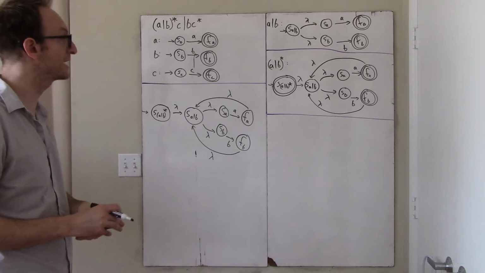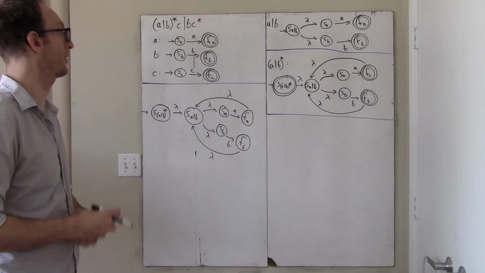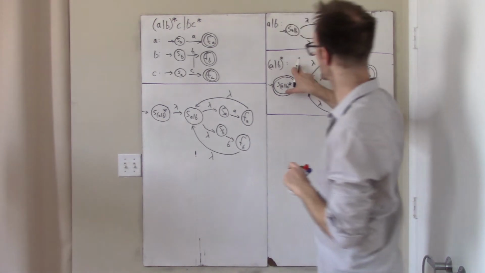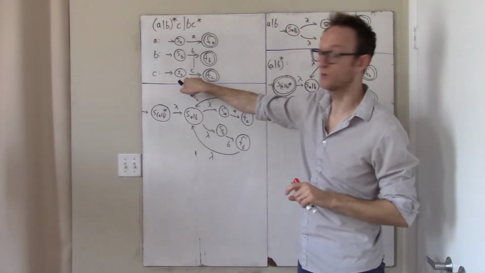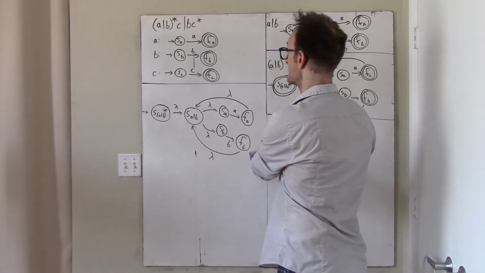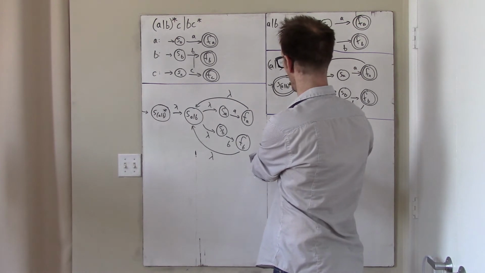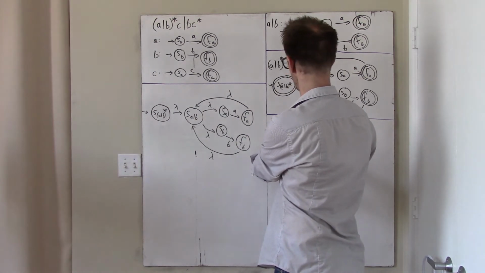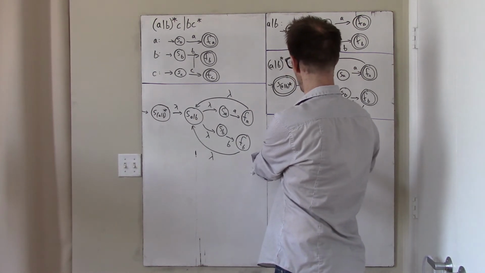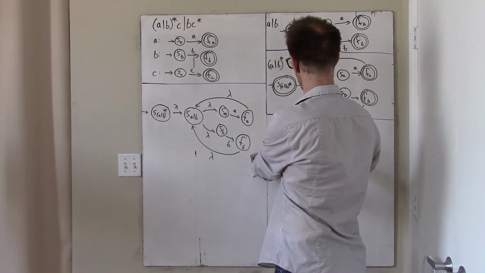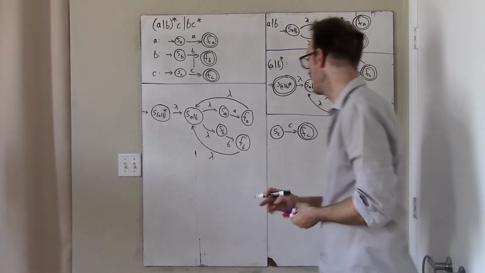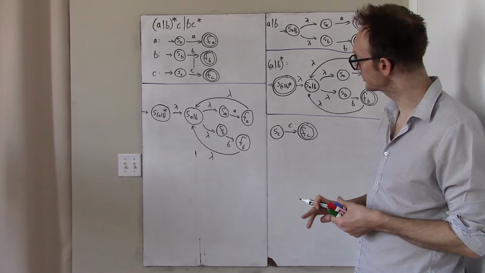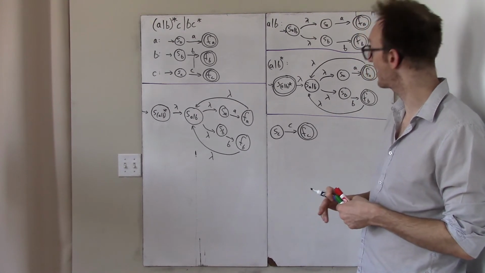And now I really only have to do one thing. I take this machine, I take the C machine, which is right here, I stick this C machine right here, and that's the start state, that's the accept state of this machine. And now I join these two machines together by doing the following.